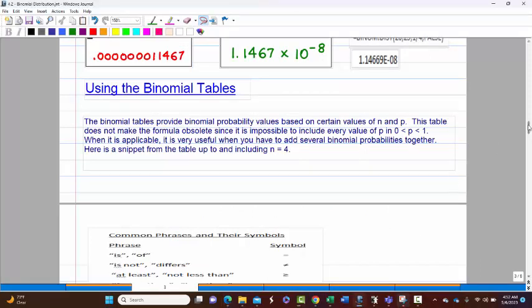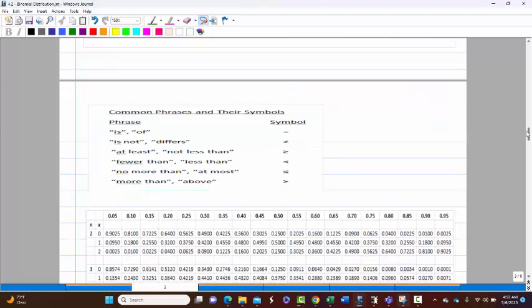Okay, now this we've got to be careful when we're reading wording, and this will come up later in another chapter too, in the third unit. I don't try to get too tricky, but we're not going to really need the differs right now. We will later, but "at least" means greater than or equal to. Fewer than, less than, that just means less than.